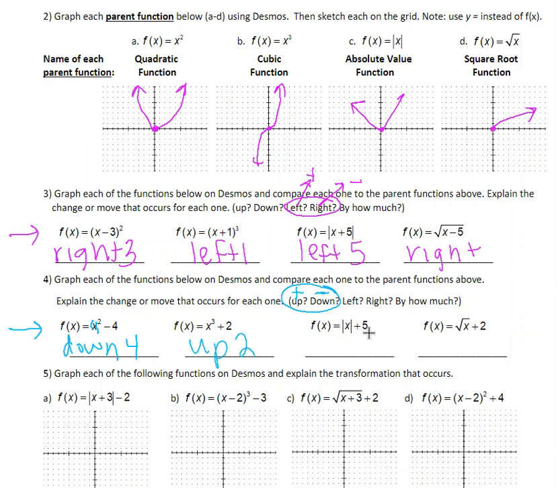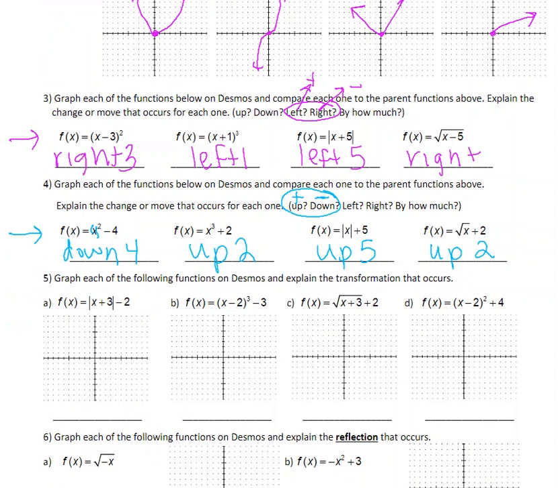Absolute value of x plus 5, since the plus 5 is on the outside of the absolute value bars, this goes up 5. Same thing here, the square root, since it's after the root, that's an up or down shift, and since it's positive, it's up.